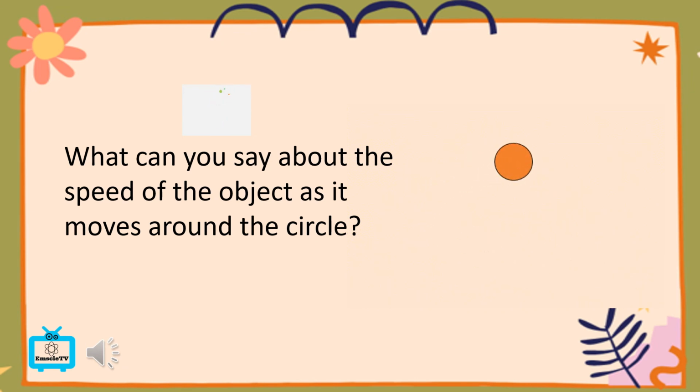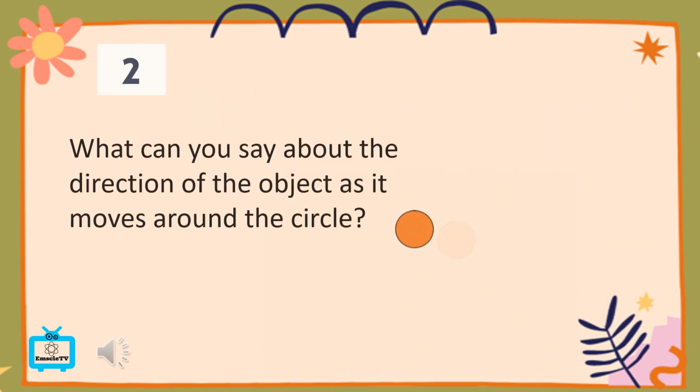What can you say about the speed of the object as it moves around the circle? What can you say about the direction of the object as it moves around the circle?